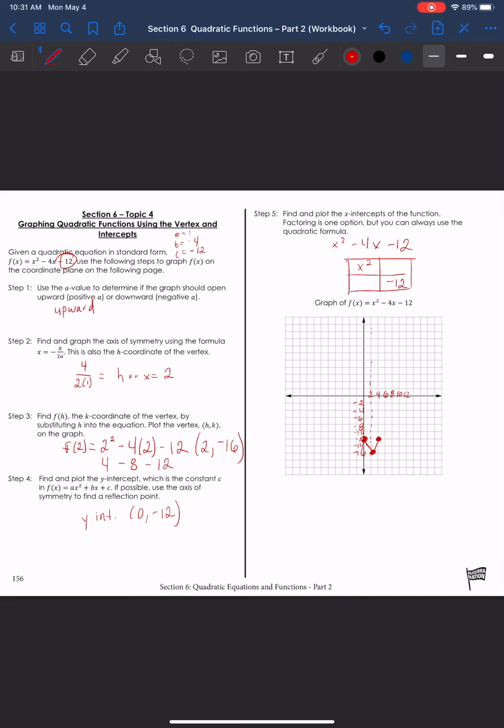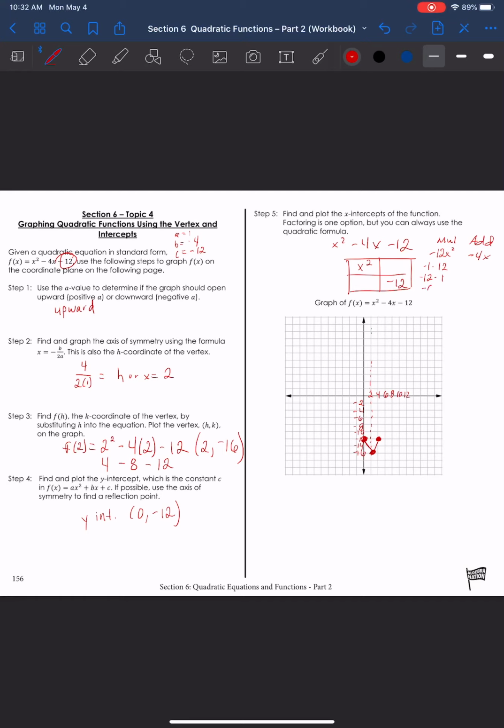We need to be asking ourselves, what can I multiply to give me negative 12x squared using multiplication, but if I add, I need to get negative 4x. I could try negative 1 and 12. That won't give it to me. I could try negative 12 and 1. That won't work to add and give me negative 4x.